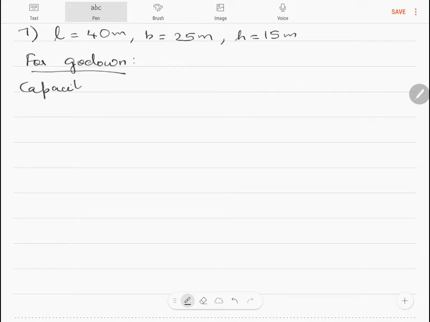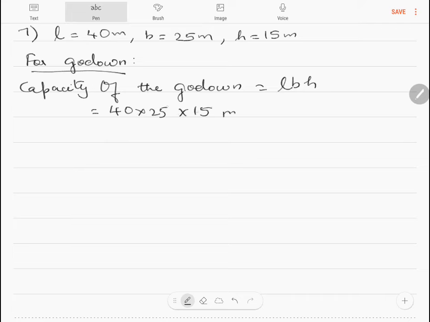Here the capacity of the godown is L into B into H, which is 40 into 25 into 15 meter cube. It is equal to 15,000 meter cube.